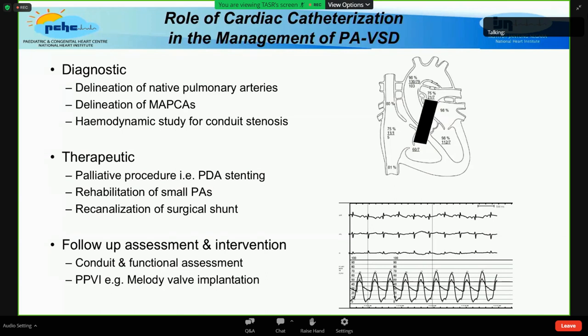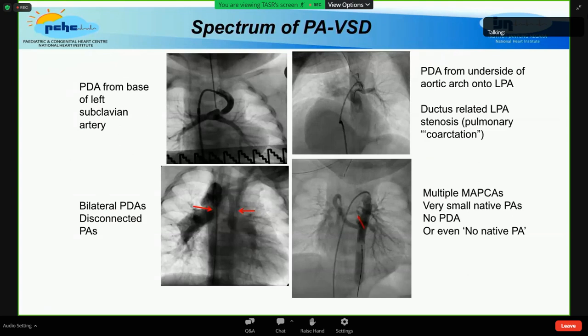And for those who had a blocked surgical shunt, we may consider recanalizing the surgical shunt. And not to forget the follow-up assessment, especially the functional assessment of the conduit, and also transcatheter pulmonary valve implantation in the future.